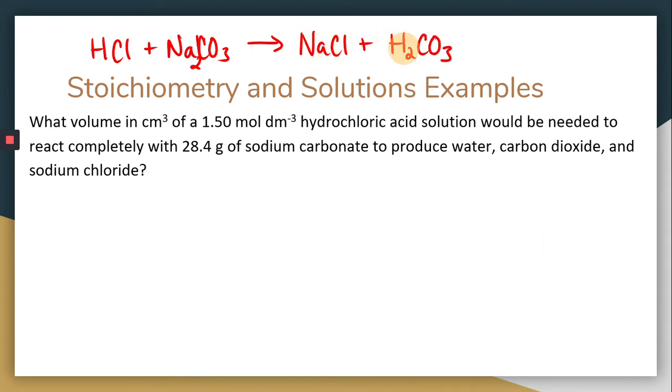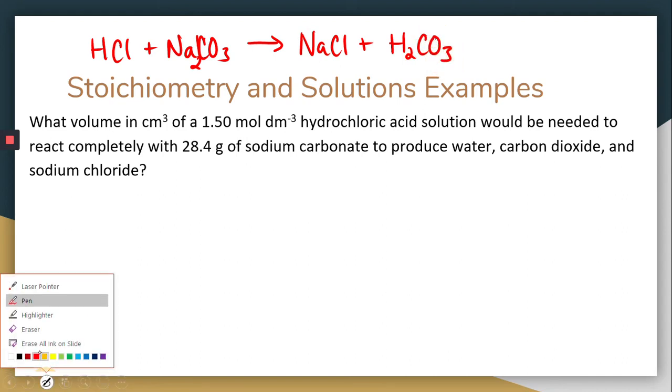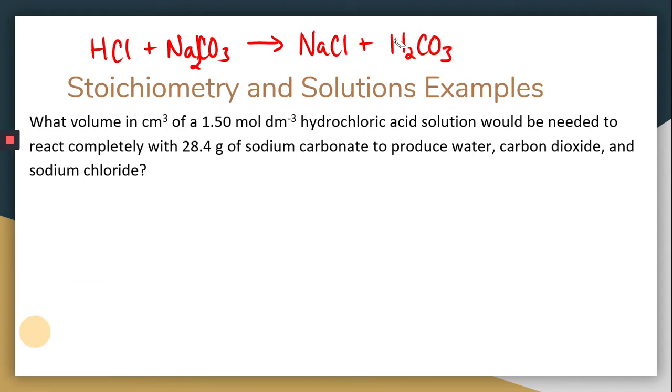Now, H2CO3 actually does not exist. Instead, what happens is that it will further decompose into water and carbon dioxide. So anytime you get a product of H2CO3, you really should erase it and write H2O plus CO2. And then we need to balance it.